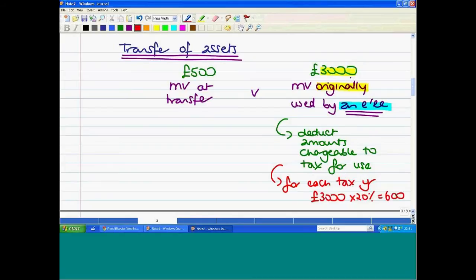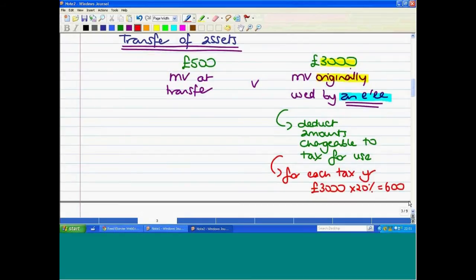And these are the questions where they give you quite a bit of history, and you'll end up thinking, why do I care what happened to this? And it was with a different person. Well, obviously, hopefully you can see here why it makes sense, because if we had to then look at a transfer of that same plasma TV, we'd be looking at that original 3,000, and then if Simon's had it for 3 years and then passed it on to Bob, we're going to be reducing that down by £600 for each of those tax years.